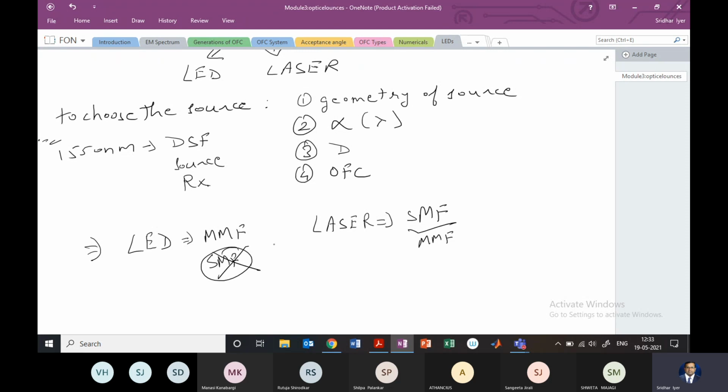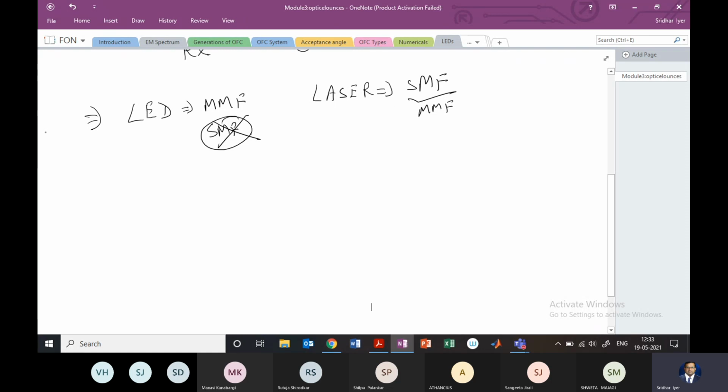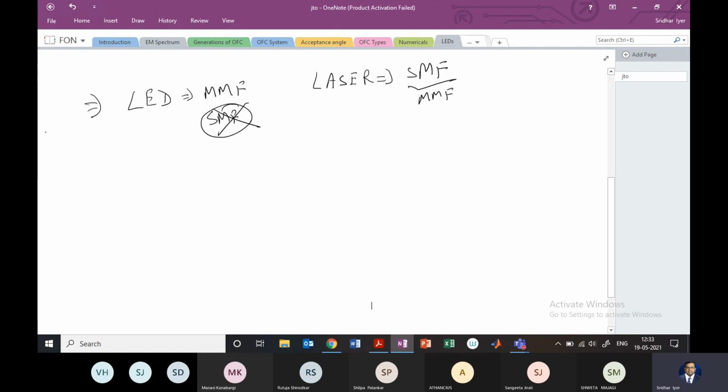For the single mode fiber, considering the wavelength at 1550 nanometer, we definitely use the laser. However, laser has an issue that it is more costly. So just to separate out LED from laser, these important points are also specified in the notes which I will be uploading, but just quickly, the very important points.